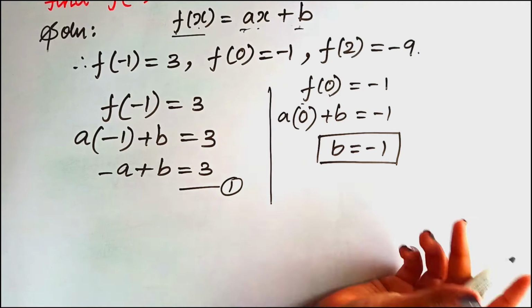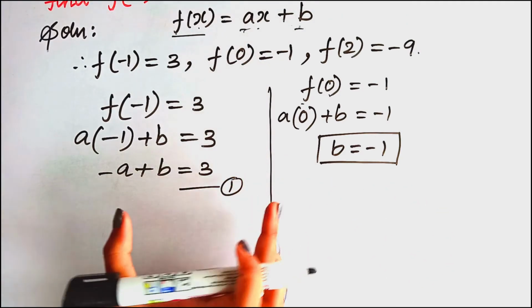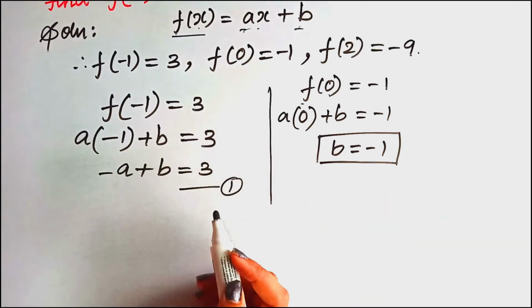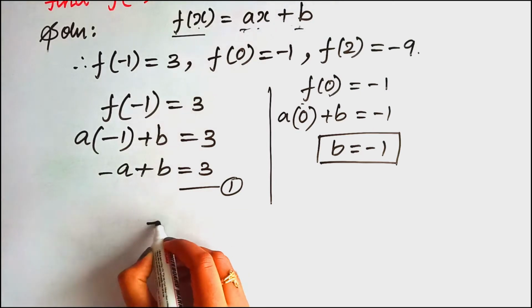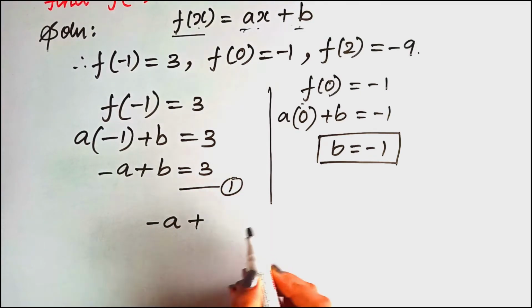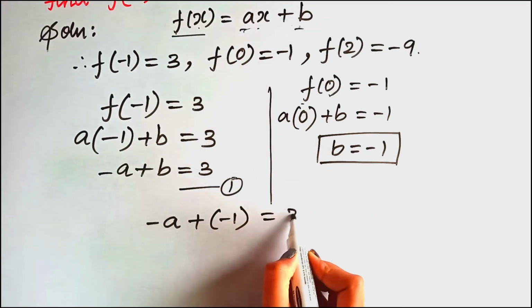Now we have to substitute this in our first equation, or any other equation, so that we can find the value of a. I'm substituting in the first equation: -a plus, in the place of b, -1, is equal to 3.